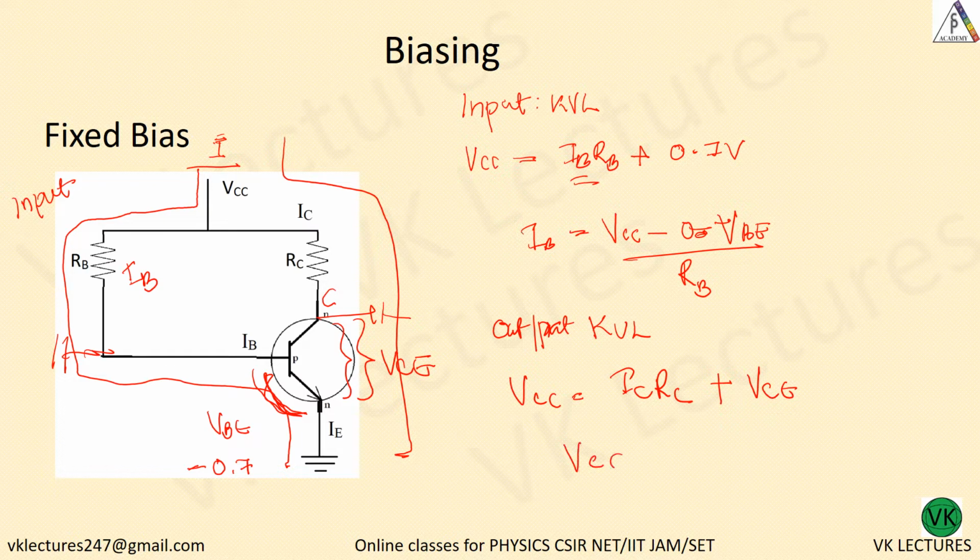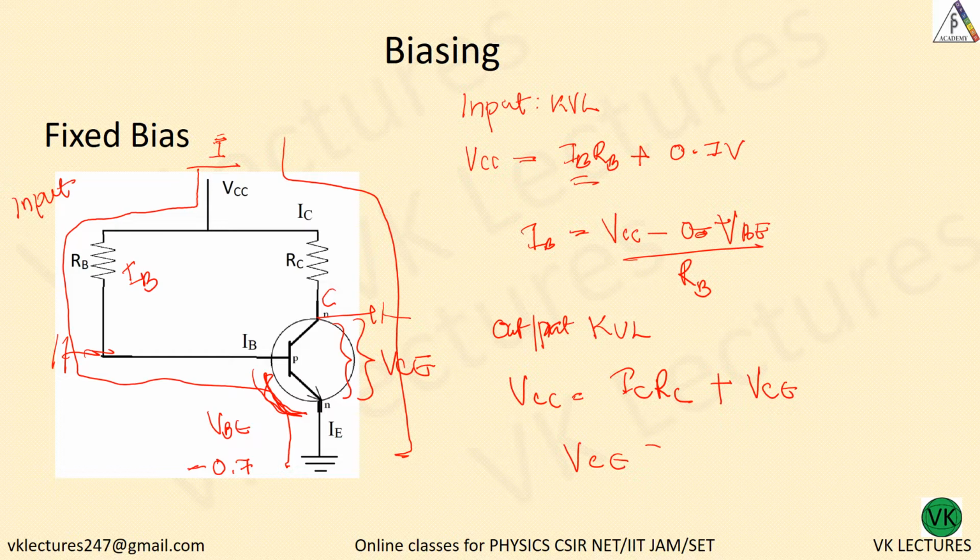Why do we want VCE? We want VCE because we want to find the drop across VCE, that is the output. Whatever is coming out of VCE is the output with respect to ground.